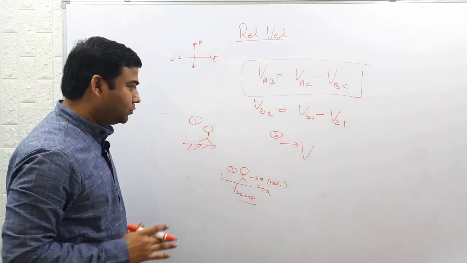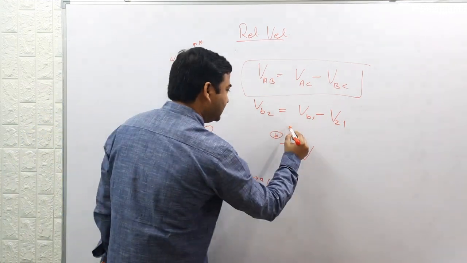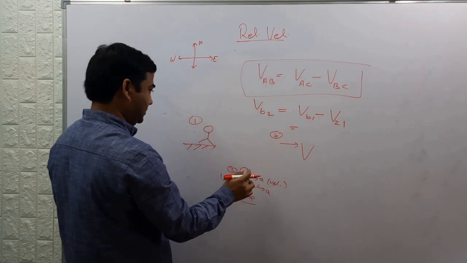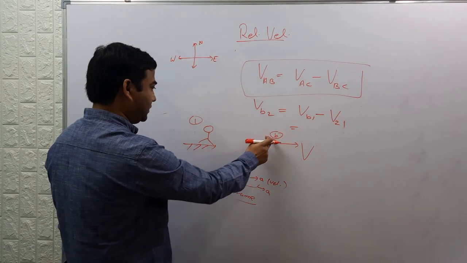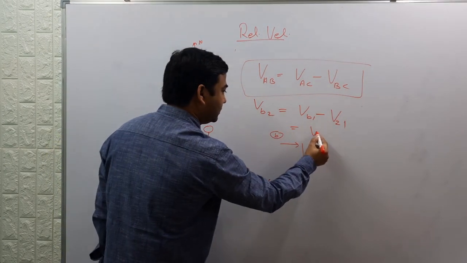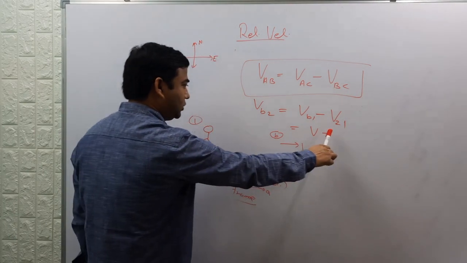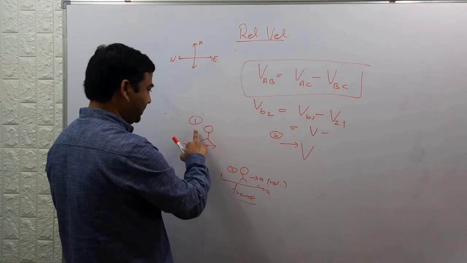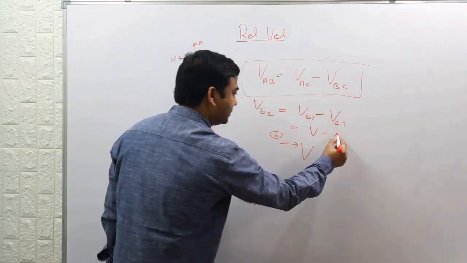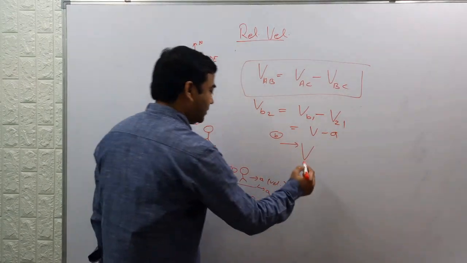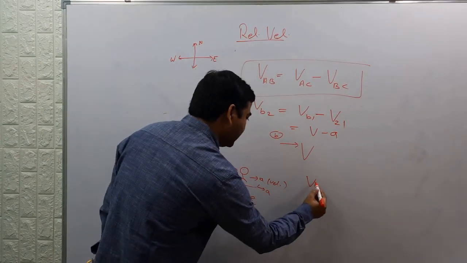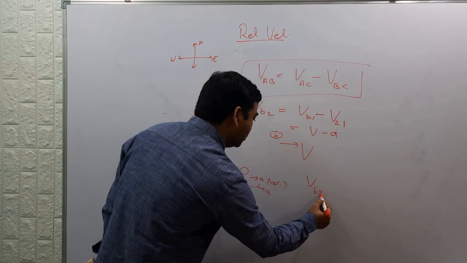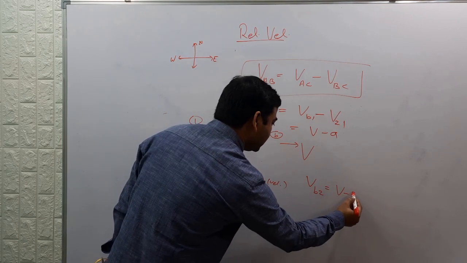This is the subtraction formula, and this will be: velocity of ball with respect to 1 is v, minus velocity of 2 with respect to 1 is a. So we can say v2 is equal to v minus a.